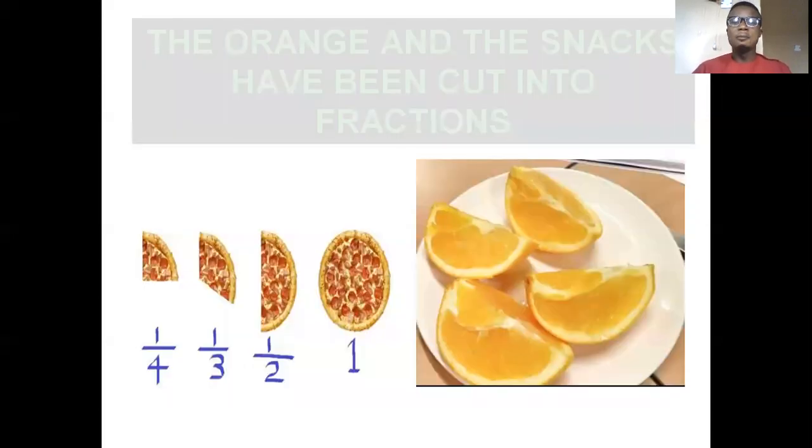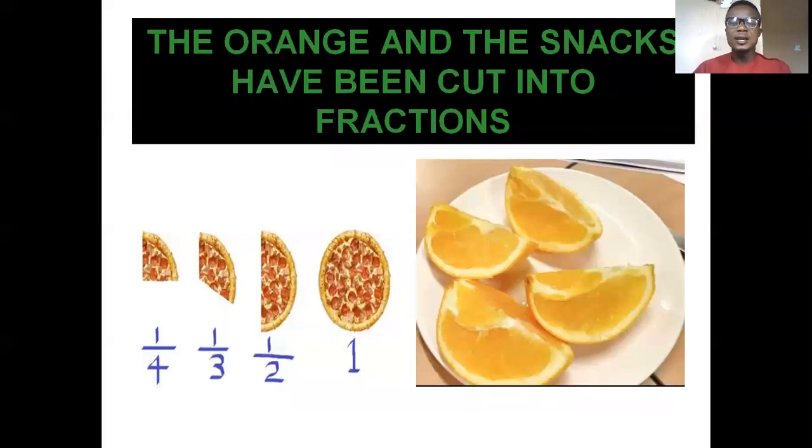Okay, take a look at this slide and the pictures displayed there. You can see an orange being cut into 4 pieces. You observe that the orange is no longer complete because it has been split into so many parts. Right, so that's 1 over 4, 1 out of 4 parts. That's how fractions are obtained.